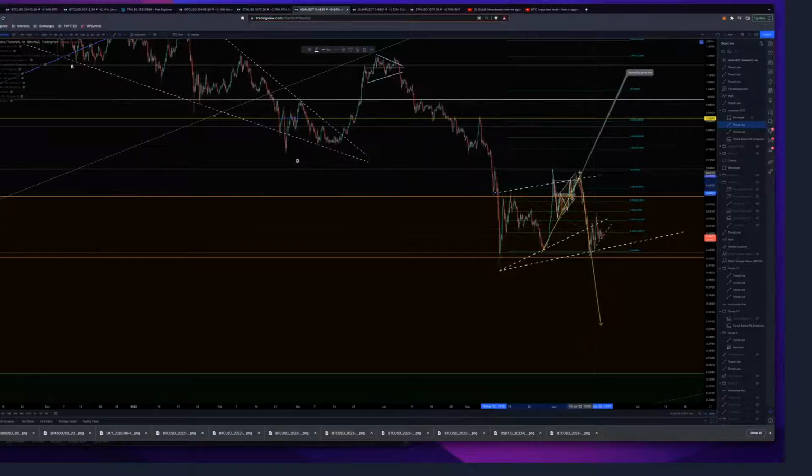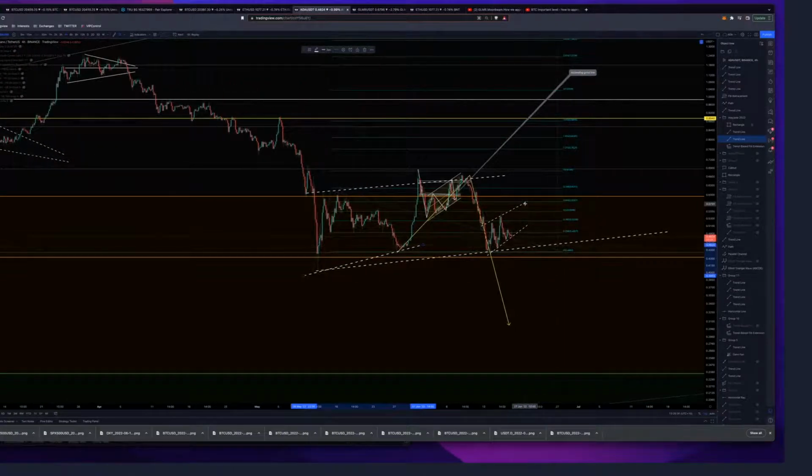So that would have been a nice entry to short. If we look at this, it does seem like an ascending wedge or channel. At the moment, it does look like if it doesn't continue to the upside and breaks down, we'll eventually find a breakdown.